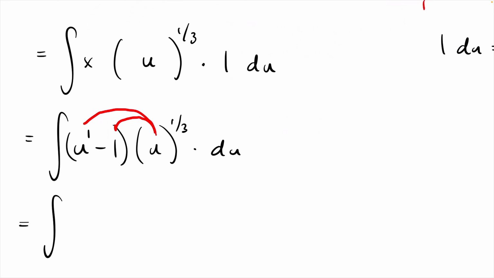Multiply or add them? Add them. So when I add them, I'm going to get u to the 4/3. Yes, 4/3 power. Minus u to the 1/3. And then du is still there.